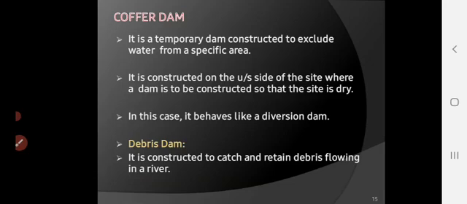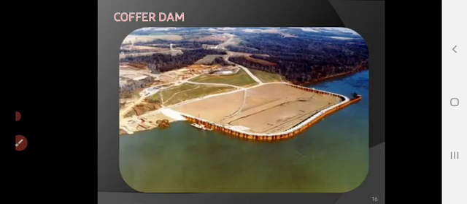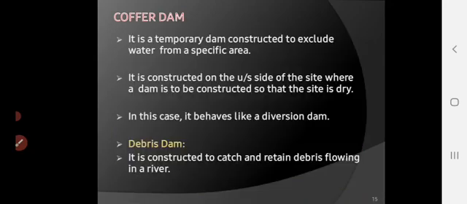It is constructed on the upstream side of the site where a dam is to be constructed so that the site is dry. So this coffer dam controls the entry of water at the construction site. In this case, it behaves like a diversion dam. Clear? Debris dam. It is constructed to catch and retain the debris.